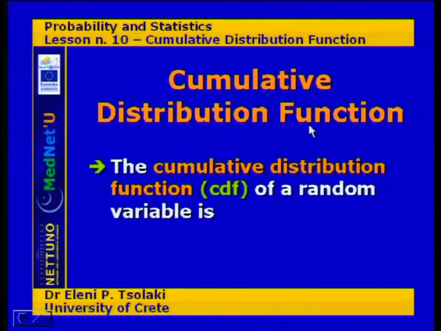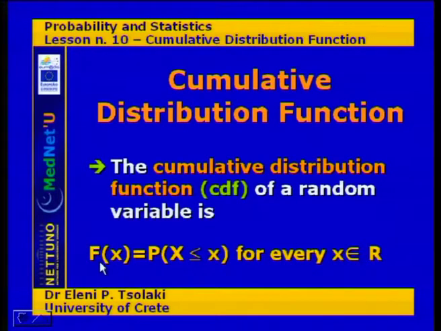Now, the cumulative distribution function of a random variable is given by F(x) equals the probability that X is less than or equal to x, for every x in R. This formula is true for both discrete and continuous variables.